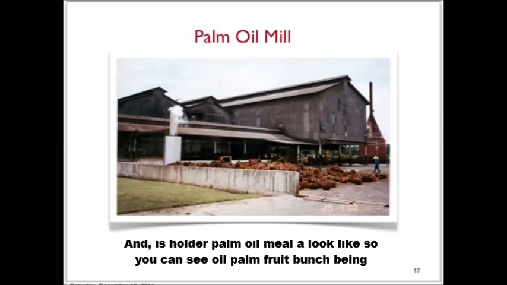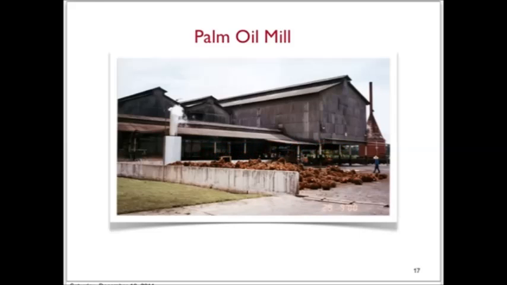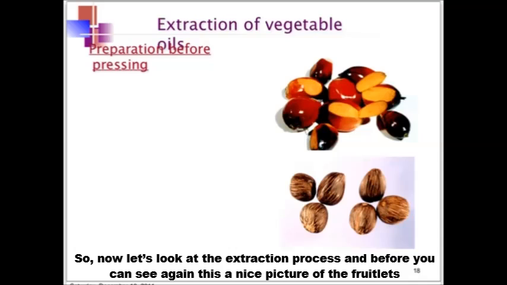And this is how the palm oil mill looks. You can see the oil palm fruit bunches stored in the open space here, and inside is where the processing takes place. Now let's look at the extraction process.